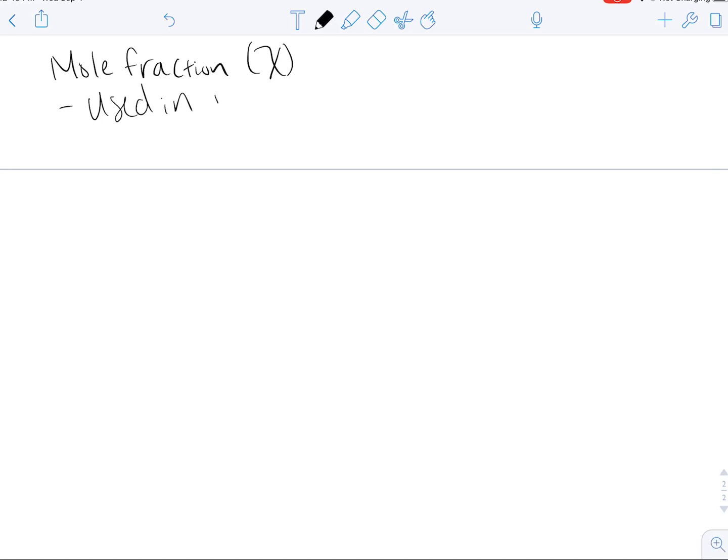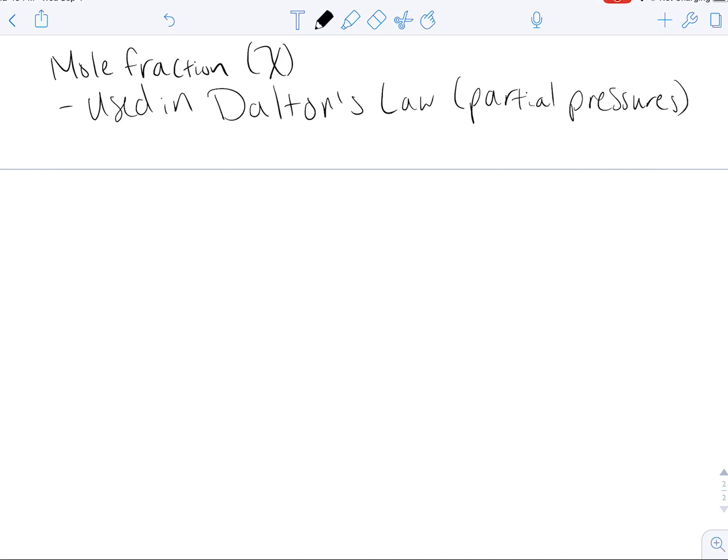So used in Dalton's law, so our partial pressures. And it's used in Raoult's law, which we will talk about in a further video.